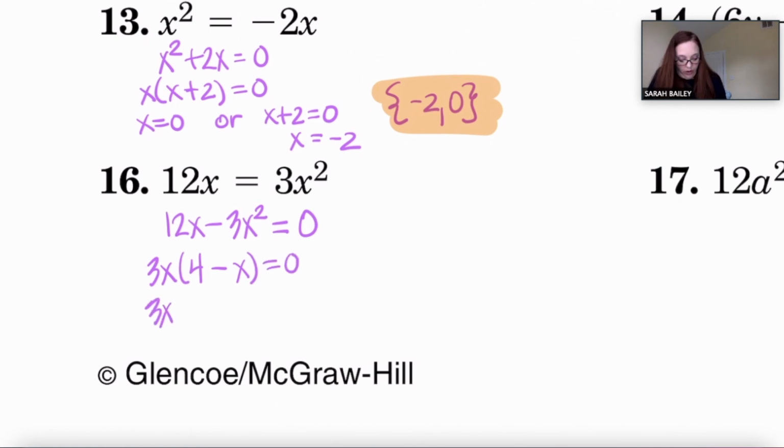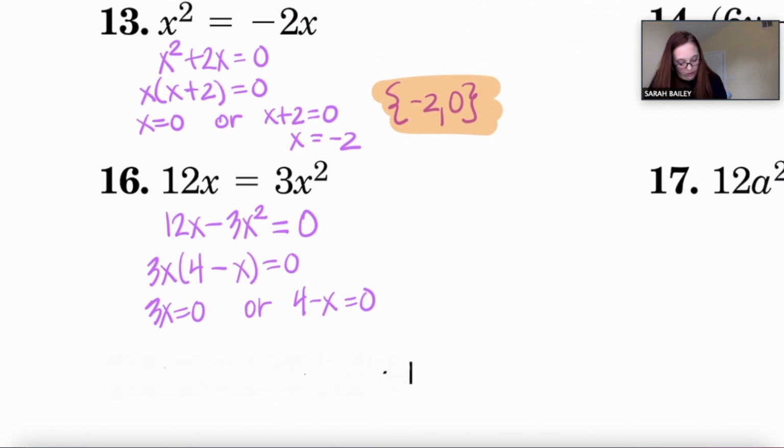So either 3x is 0 or 4 minus x is 0. I'm going to get rid of that so I can write over the top of it. Okay. So then x is 0 there. This would be negative x equals negative 4, which means x would be positive 4. So my solutions are 0 and 4.